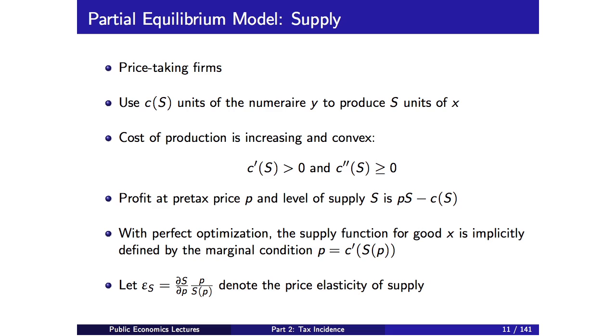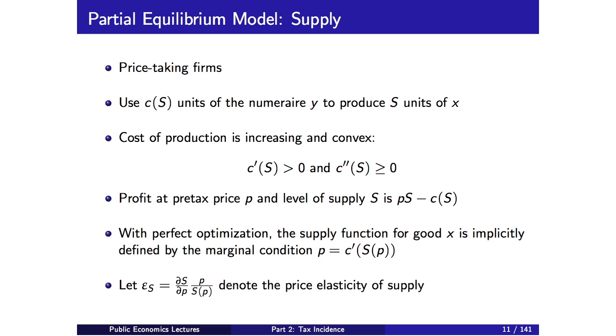The profit that a firm earns given a pre-tax price of P and a level of supply S is just P times S, the amount of revenue it generates, minus the cost of that level of production. With perfect optimization and perfect competition, the supply function for good X is implicitly defined by this marginal condition. So the firm is maximizing profits.